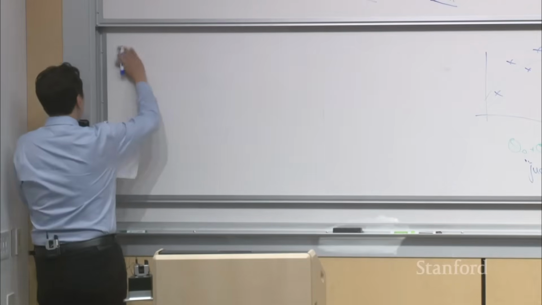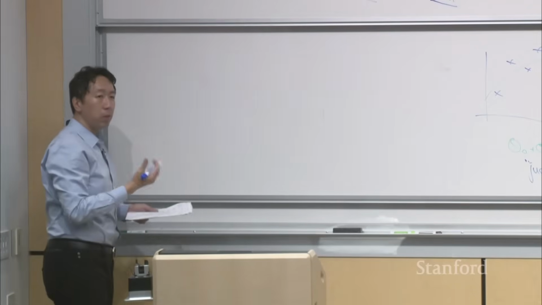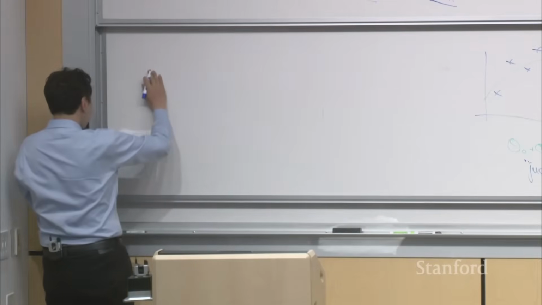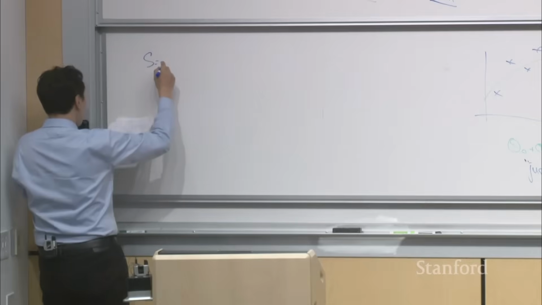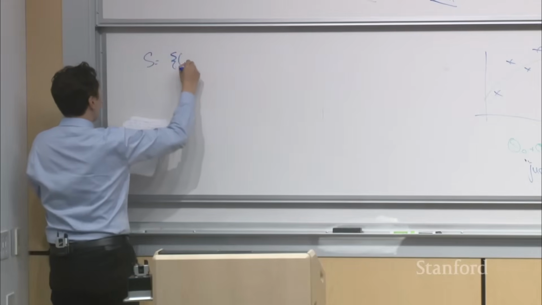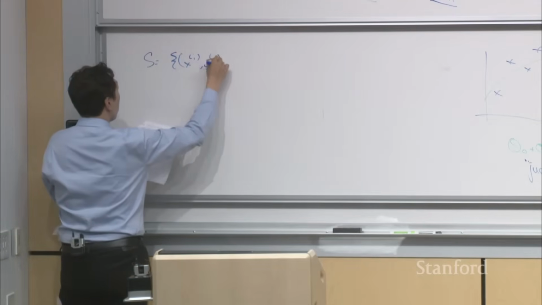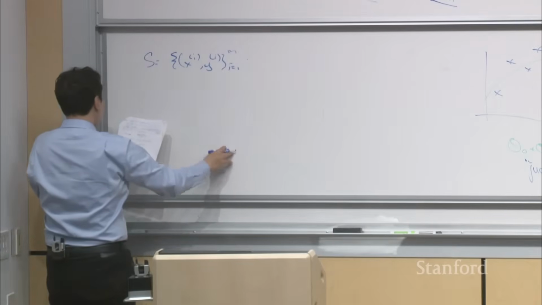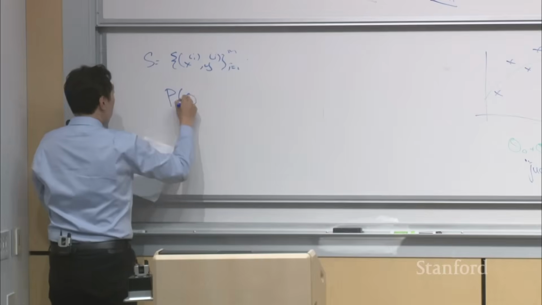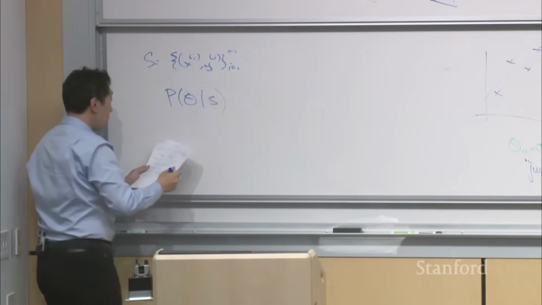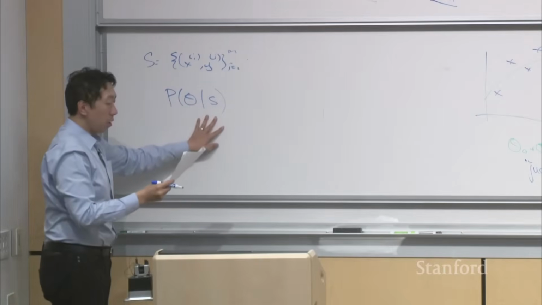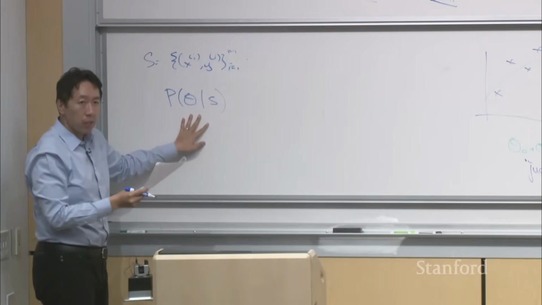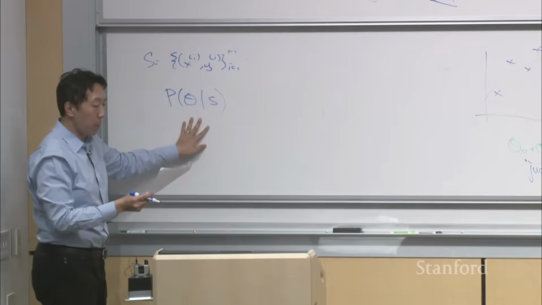It turns out that there's a similar point of view you can take on the regularization algorithm that we just saw. Let's say S is the training set. Given a training set, you want to find the most likely value of theta.